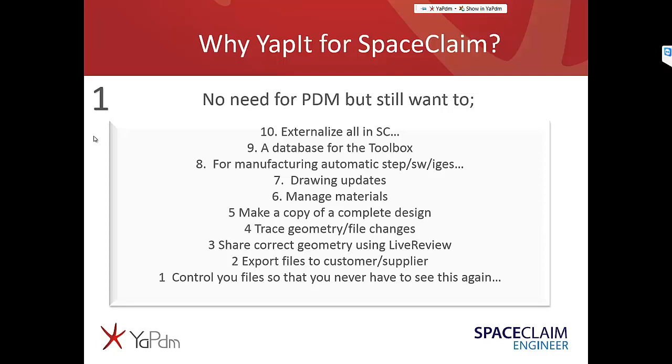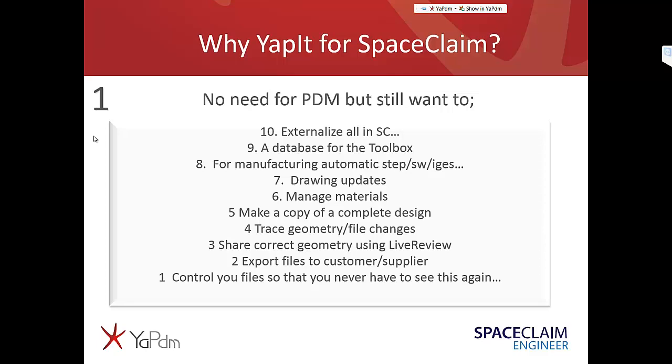Of course, any other function like drawing updates needs a centralized library for information about what's happened with the components and geometries, and approvals of drawings, etc., if you use drawings. Materials is something new. We do have a material database in SpaceClaim, an XML file you might use and update yourself, but the problem is how to distribute it.